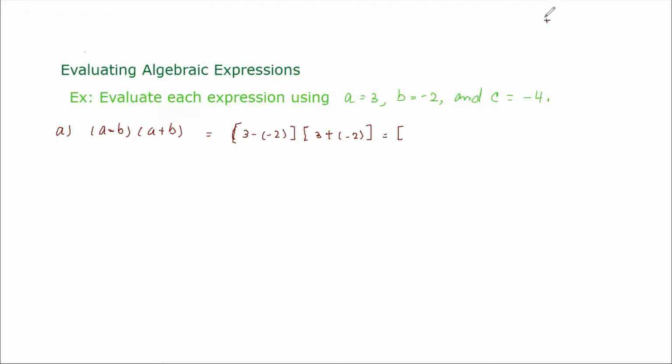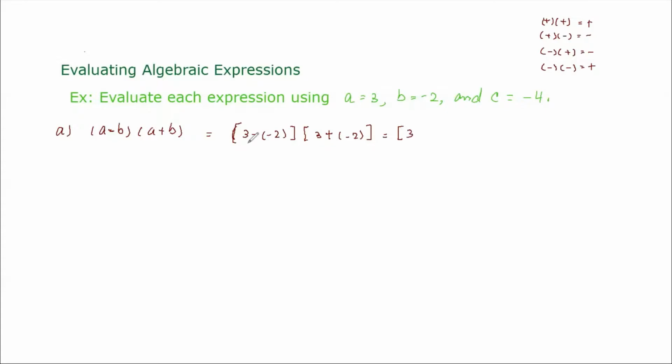If we have plus times plus, the sign comes out as plus. If we have plus times minus, it is going to be negative. And if we have negative times plus, it is negative. Or finally, negative times negative becomes plus. This is for multiplication.